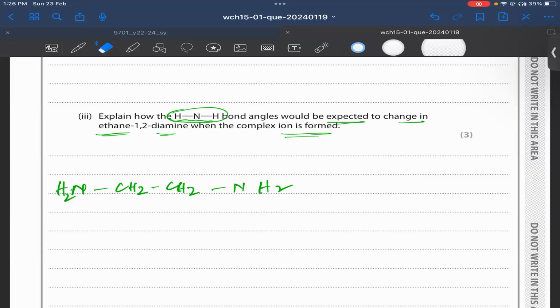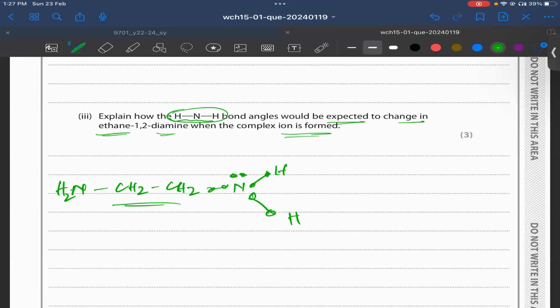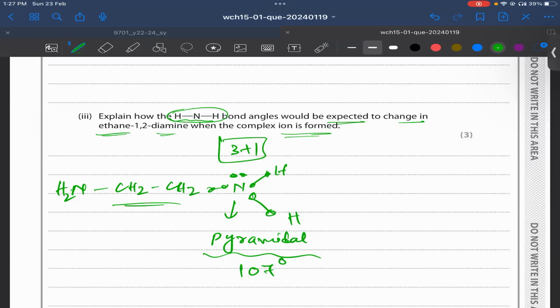Nitrogen is connected to two hydrogen atoms and this R group, so it has 3 bond pairs and 1 lone pair. So it's a pyramidal geometry.